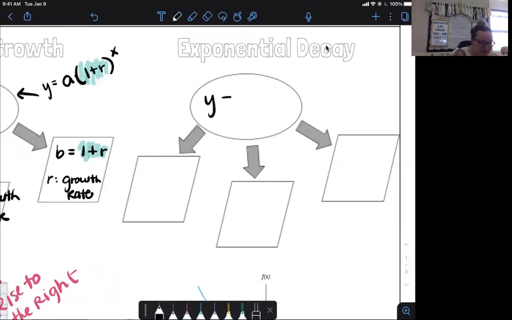You still use y equals a times b to the x. a is still your initial amount. So exponential growth and decay have a couple of things in common and a couple things not so in common. But this time, b is your decay factor.